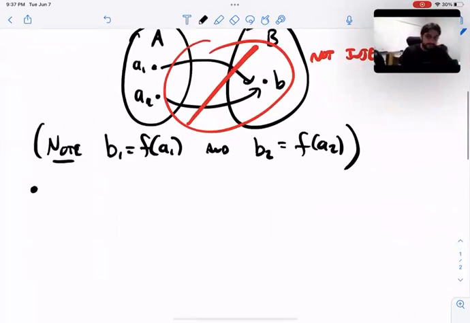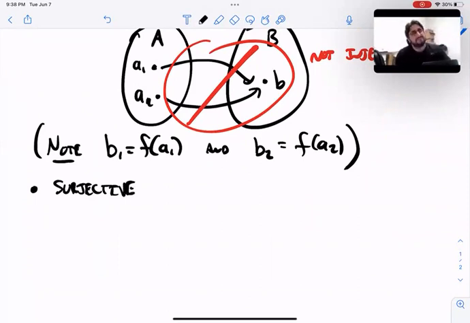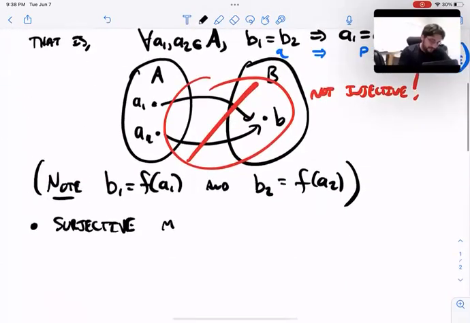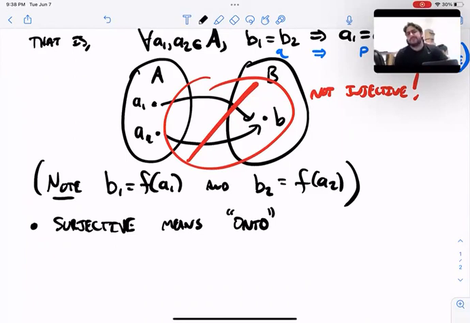Now, there's also the idea of being surjective. So surjective is not necessarily always defined in pre-calculus or college algebra. It does also have another name though, just like we sometimes call injective one-to-one. There is another word that sometimes gets used for surjective, which is called onto.